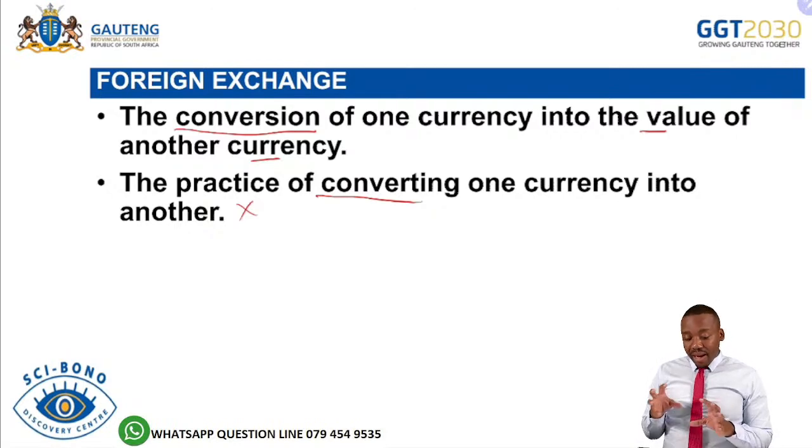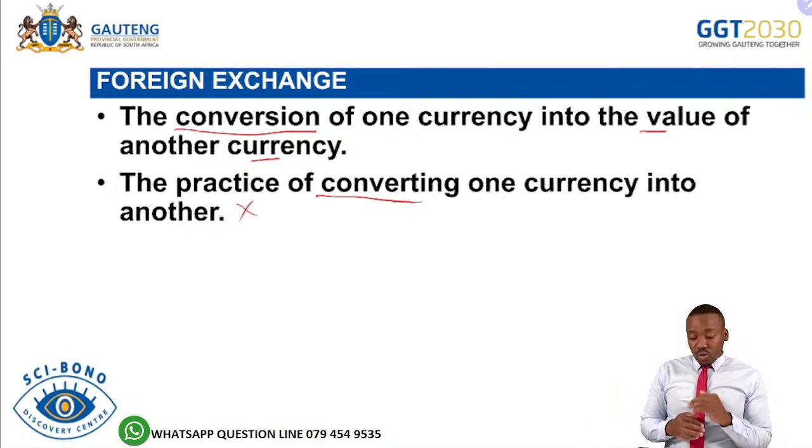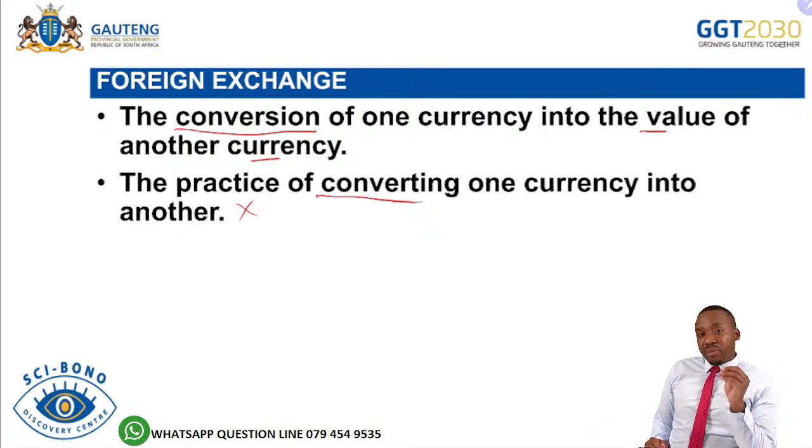The information will be fed directly to the banks or the foreign exchange facilities that you may have, so that when people go there, if they want to buy foreign currency or buy local currency, they can be charged using what? The correct exchange rates.